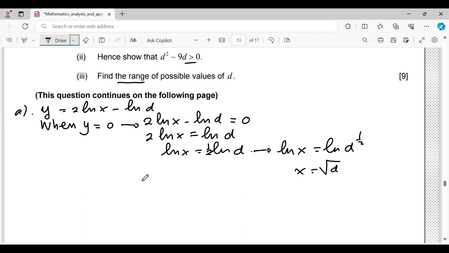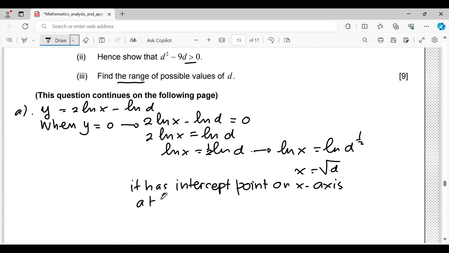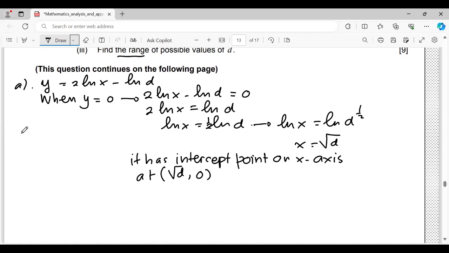So it has a point on x-axis at square root d, comma 0. Now, how about if x equals 0?